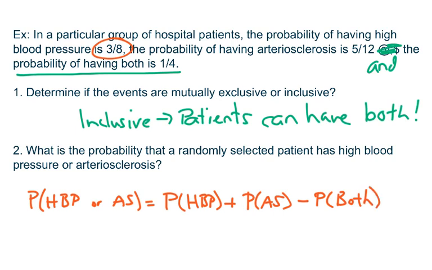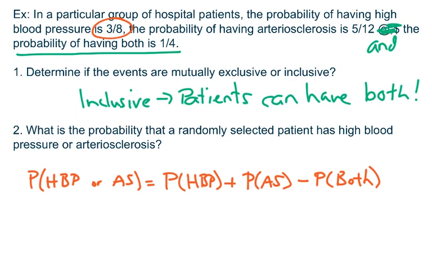And all we're going to do is fill in some spaces. The probability that we have high blood pressure is 3/8. The probability of arteriosclerosis, that says it right there, it's 5/12. And the probability that we have both is right there. That's going to be 1/4.